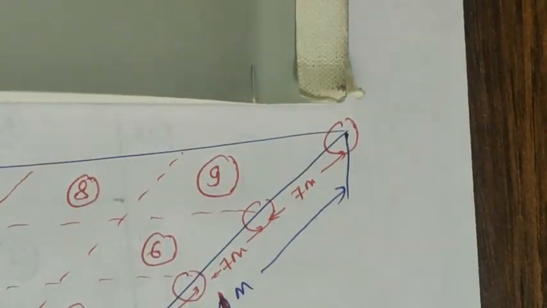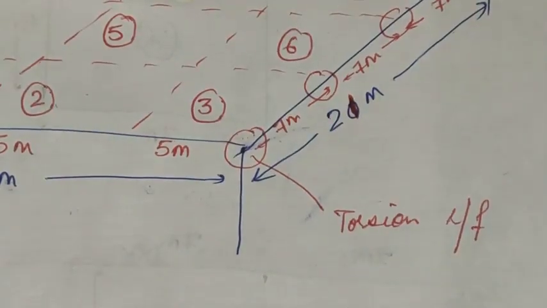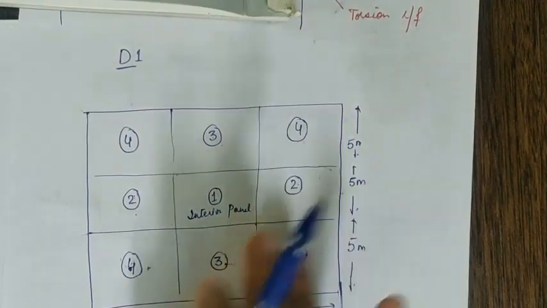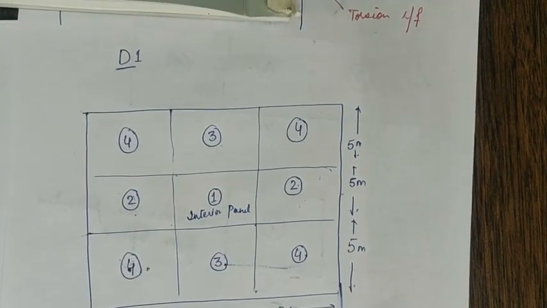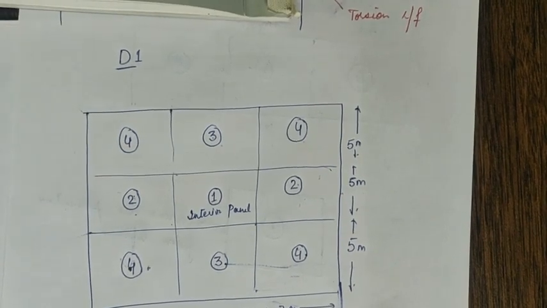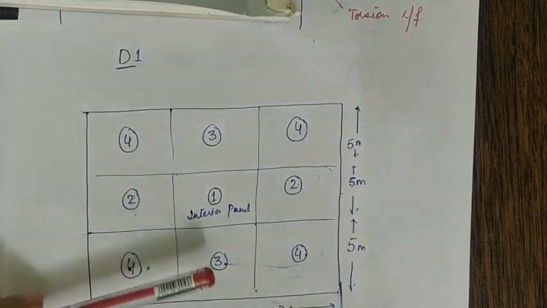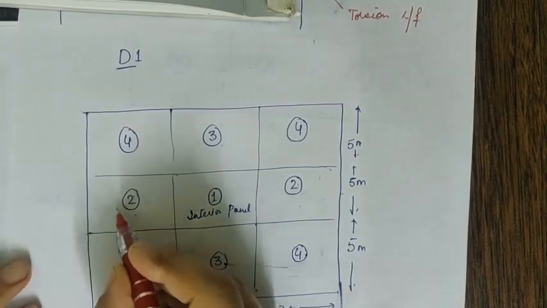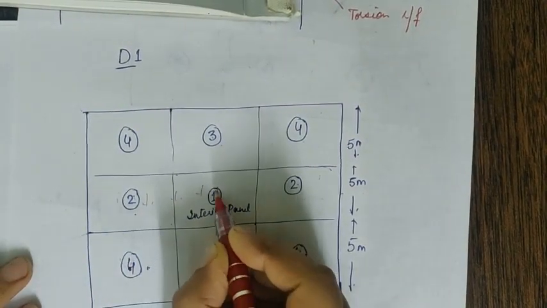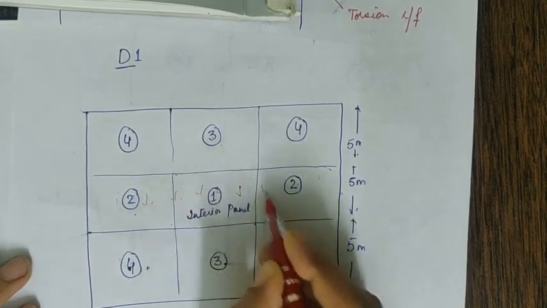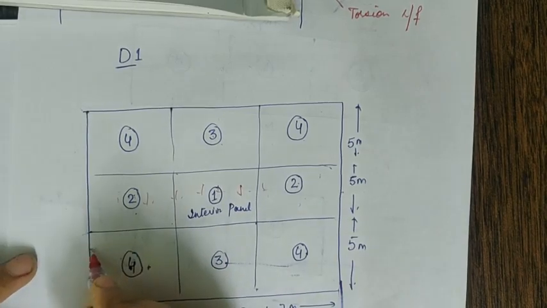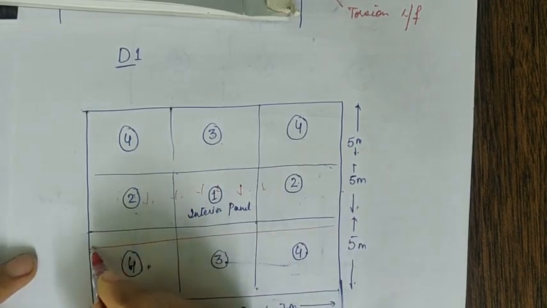Okay. So let us say I am taking typically an interior panel, and I am basically trying to draw the bending moment diagram for this interior panel. Clear? Because this interior panel will be loaded like this. So if I'm interested in the bending moment diagram of this interior panel, the bending moment diagram will be something of this type.